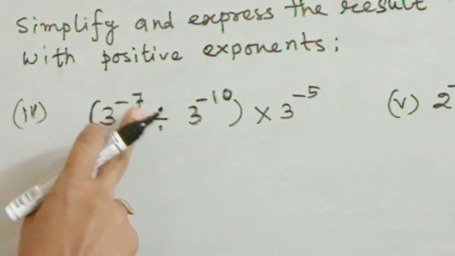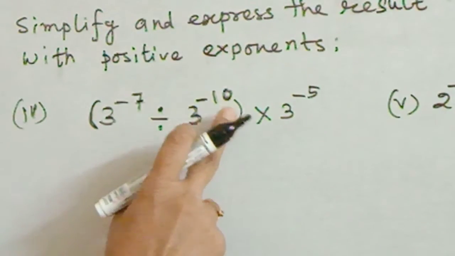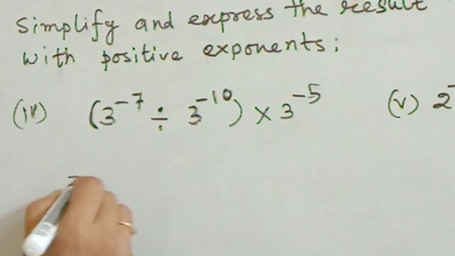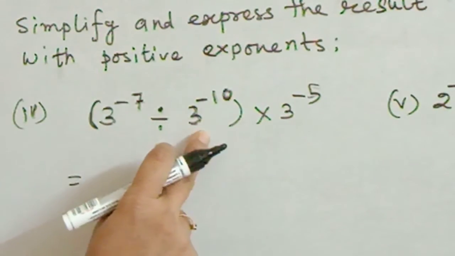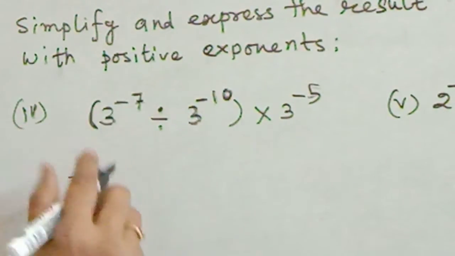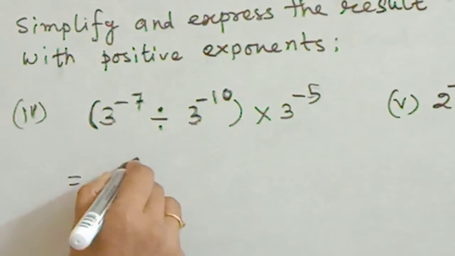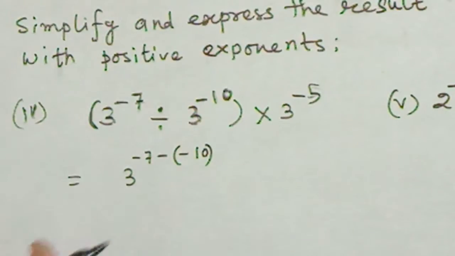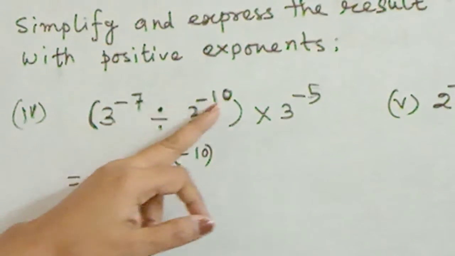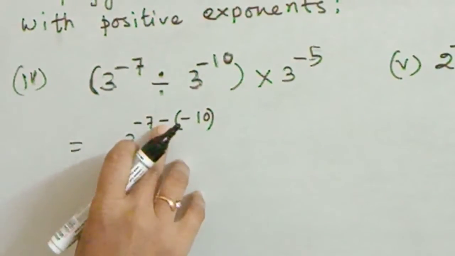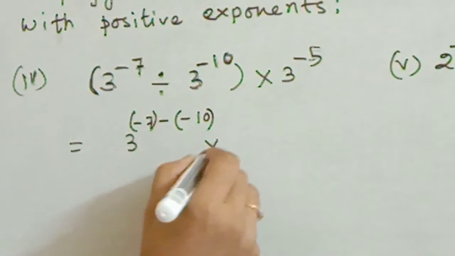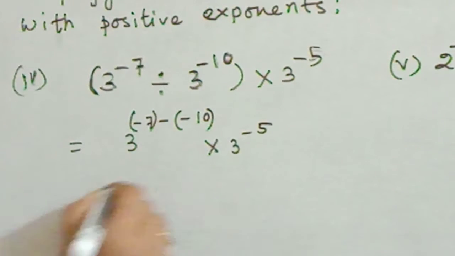Understood? Next question, it is question number 4. 3 to the power minus 7 divided by 3 to the power minus 10 into 3 to the power minus 5. Now the same base, powers are different, division, you need to subtract the powers: minus 7 minus minus 10, because you are subtracting the two powers, into 3 to the power minus 5.